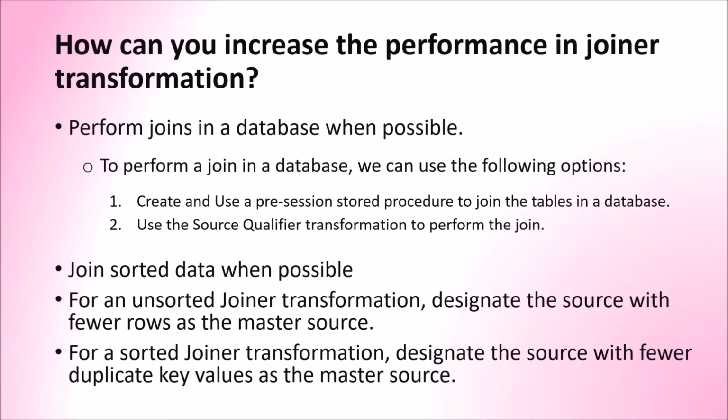But whenever the tables are coming from different databases, or we want to join a table with a file, or both sources are files, it's not possible to perform the join in a database.